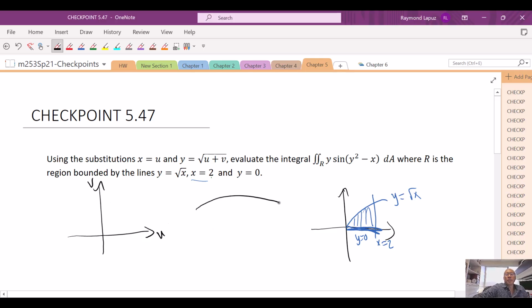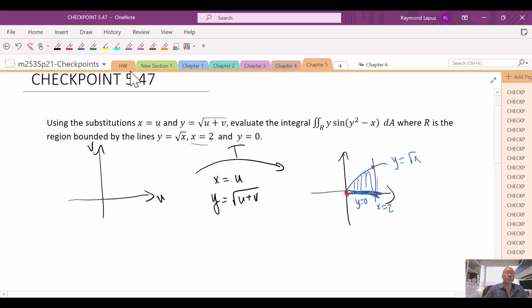And our transformation T takes our x values to u and our y values to the square root of u plus v. So ideally we would take points to points to see where they map, and we would be interested in figuring out what the pullback, or the T inverse function, is, so that we can see how the mapping goes.